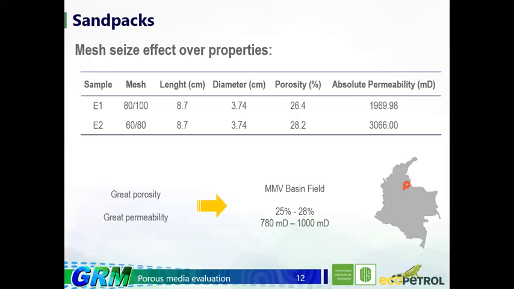The porosities that we are trying to obtain are between 25% and 28%, and the permeability around 780 millidarcies to 1,000 millidarcies. So sandpacks were the principal methodology that we used to develop these processes.